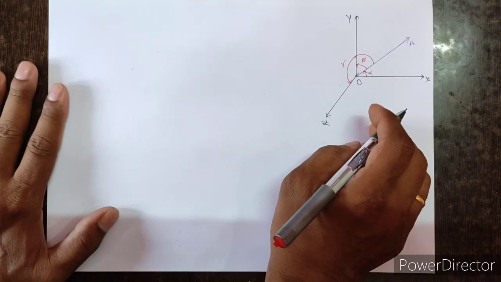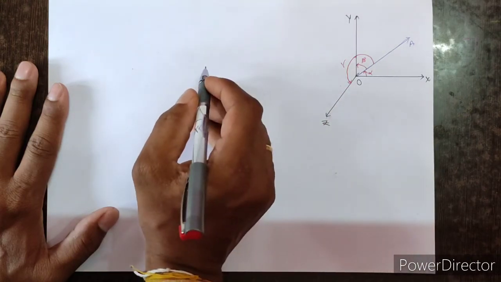Then cos alpha, cos beta, cos gamma are called direction cosines.